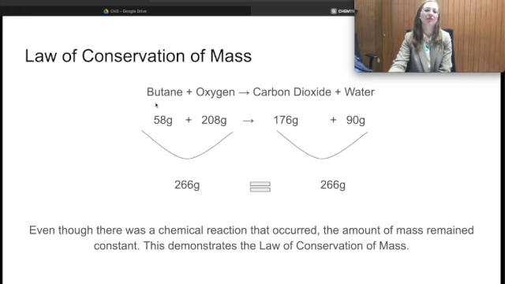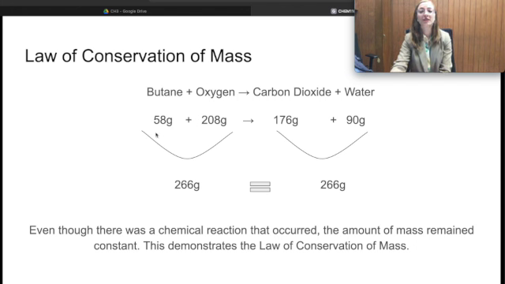So for example, if we had a 58-gram sample of butane that would react with 208 grams of oxygen, and that would produce 176 grams of carbon dioxide and 90 grams of water. Well, when we check this out, we add 58 and 208, we get 266 grams, and when we add 176 and 90, sure thing, we get 266 grams again.